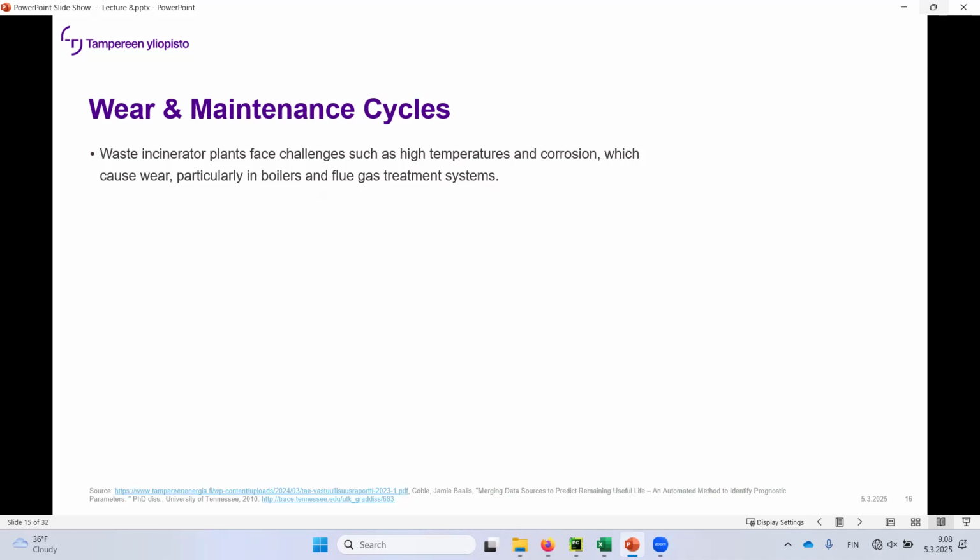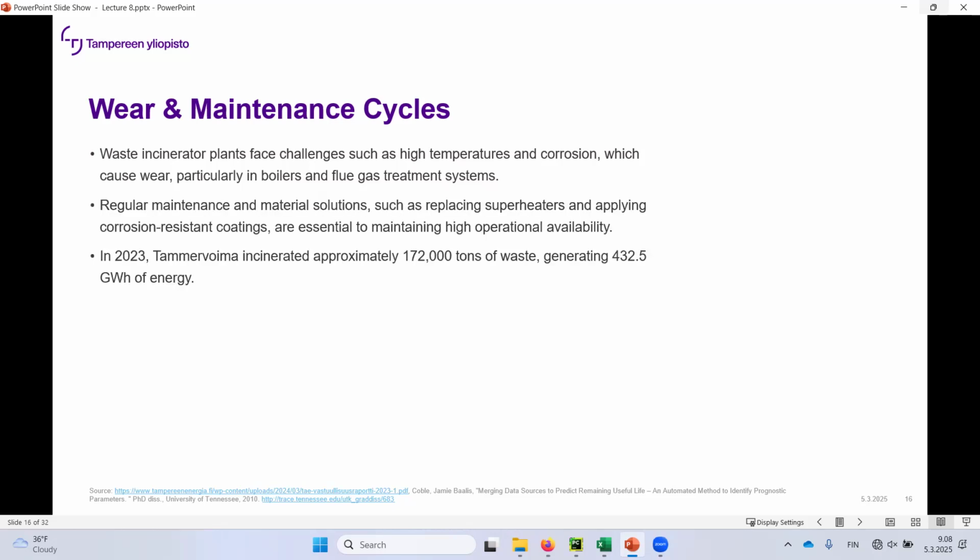This was, for example, from another type of plant that can go under this maintenance.